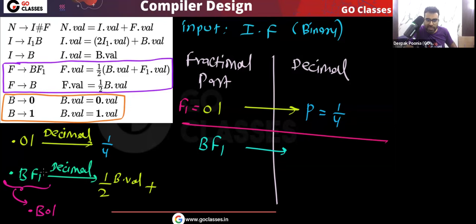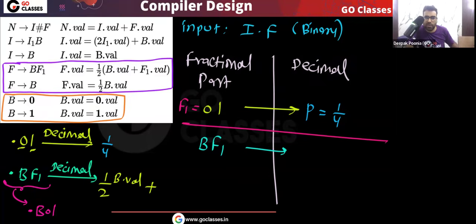Now notice every bit in f1, its weight will divide by 2. For this 0 the weight will be 1 by 2 square, and for this 1 the weight will be 1 by 2 cube. Yes or no? Here, for this 0 the weight was 1 by 2.